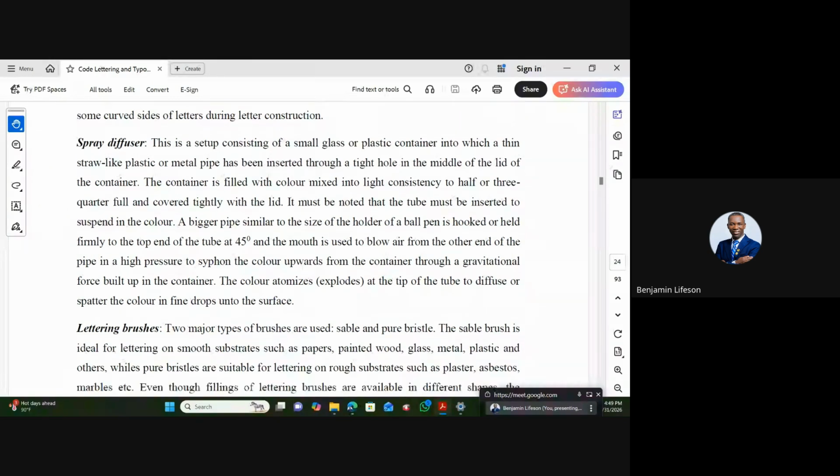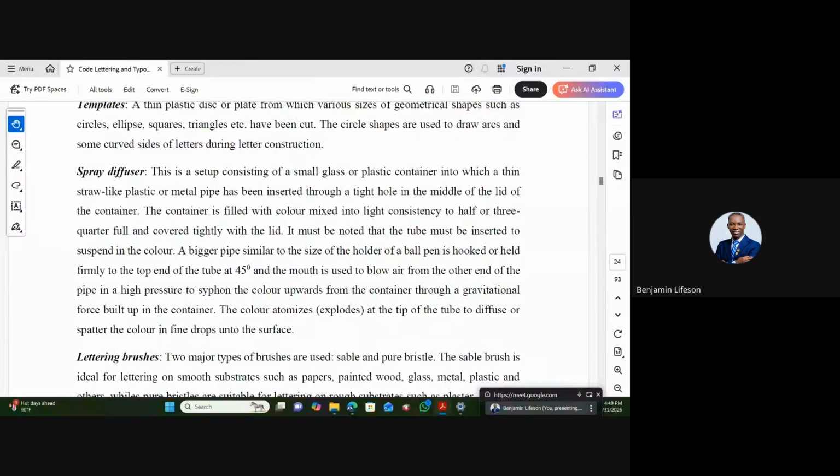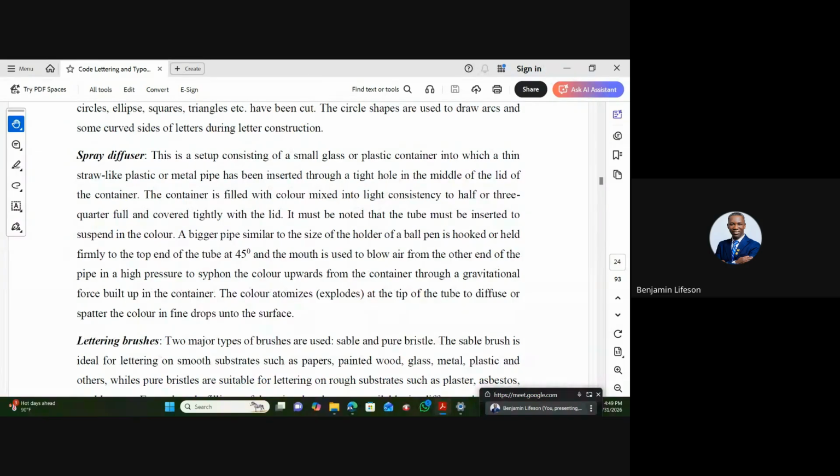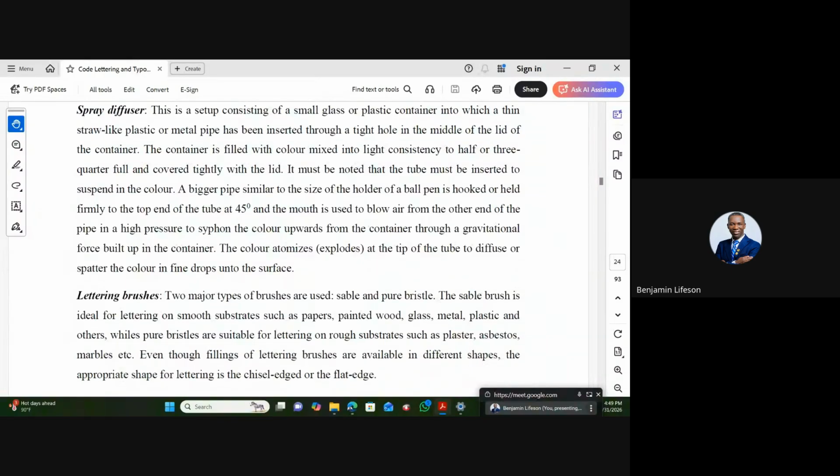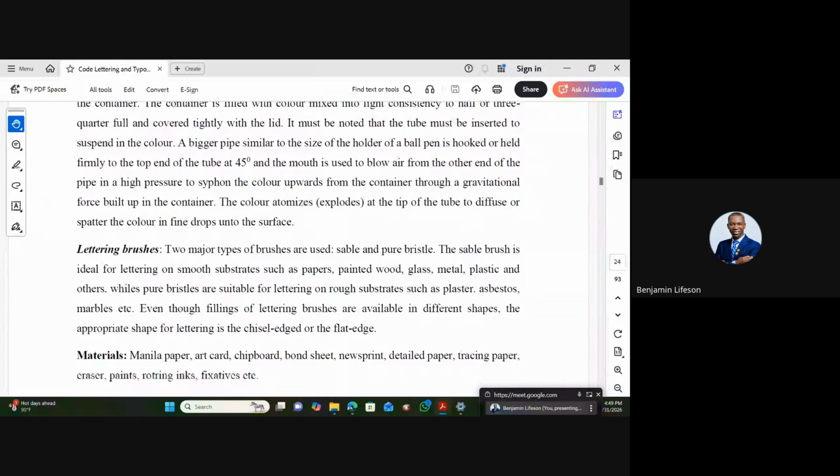We use it to spray or blow. We blow air from one end of the pipe at high pressure to siphon the color upwards from the container through gravitational force, and we blow it onto a paper.